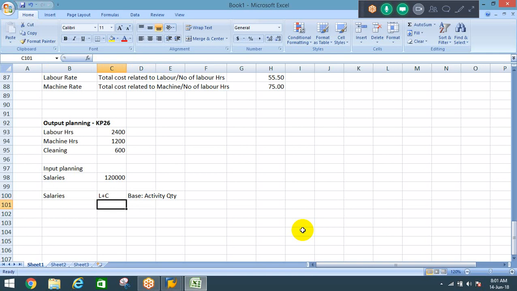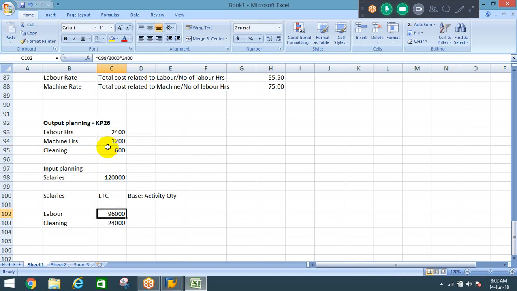ఇప్పుడు 1,20,000 ని ఎలా లేబర్కి ఎంత వస్తుంది, క్లీనింగ్ ఎంత వస్తుంది, ఎంత వస్తుంది లేబర్కి? 1,20,000 divided by 3,000 into 2,400. 1,20,000 divided by 3,000 into 600. అర్థమైందా? బేస్డ్ ఆన్ ద యాక్టివిటీ, బేస్డ్ ఆన్ ద యాక్టివిటీ క్వాంటిటీ. ఓకే.